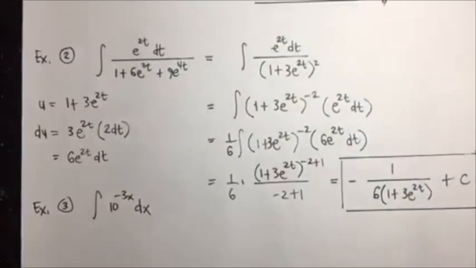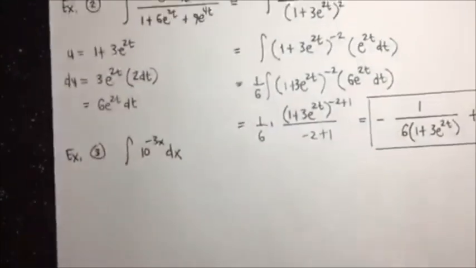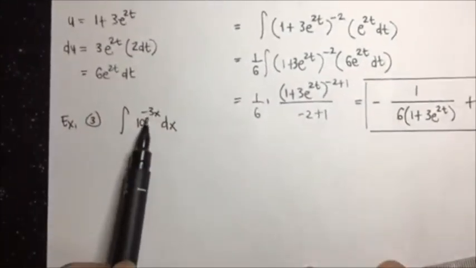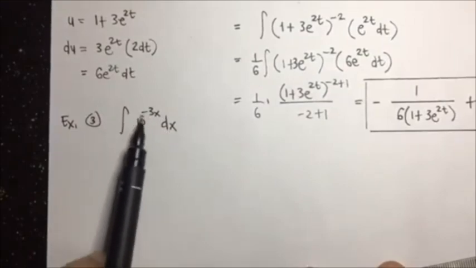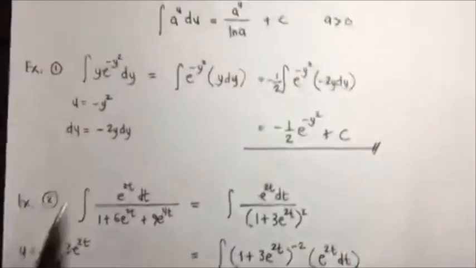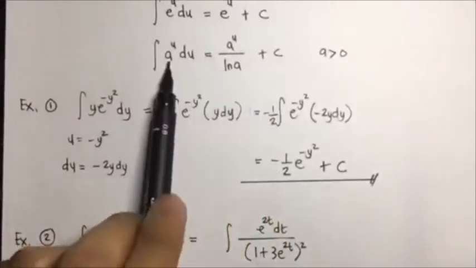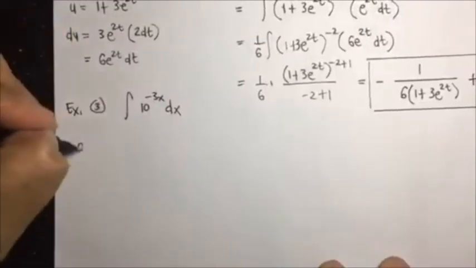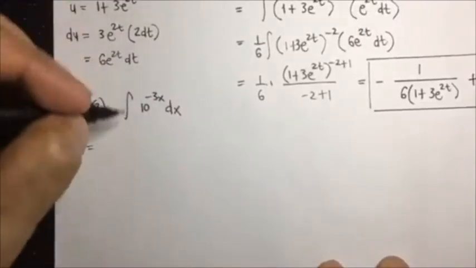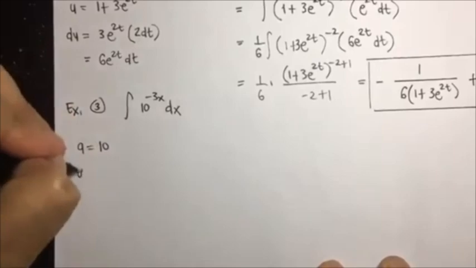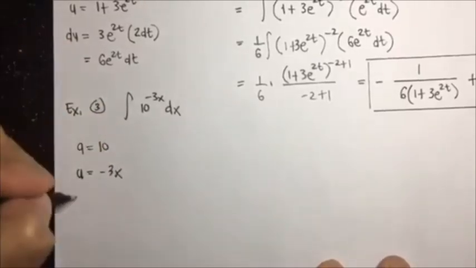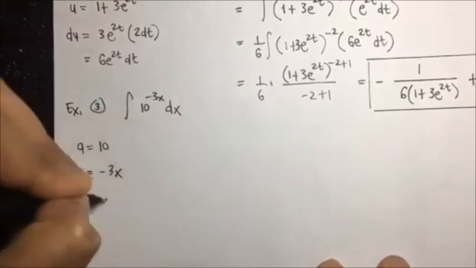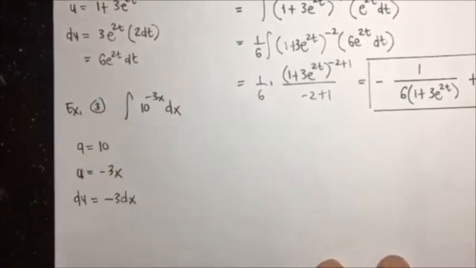For our last example, we have the integral of 10 raised to negative 3x dx. Our base is not e anymore, so we can use this formula where a is any constant greater than 0. Our a here is equal to 10, and our u is equal to negative 3x. Therefore our du must be negative 3 dx.